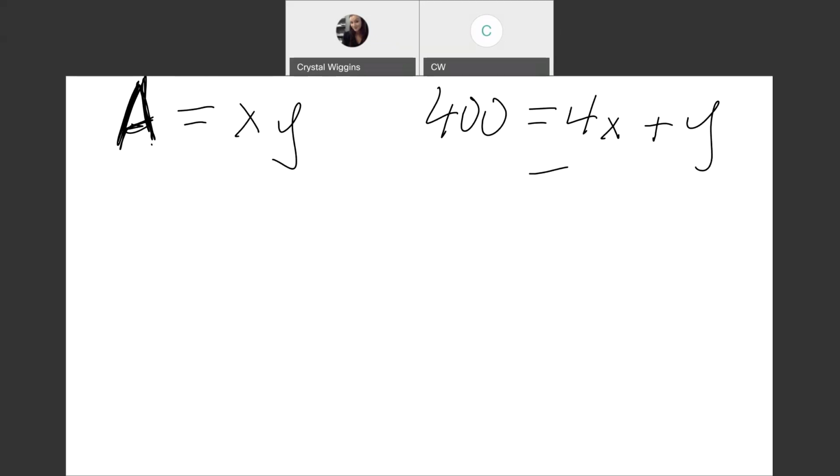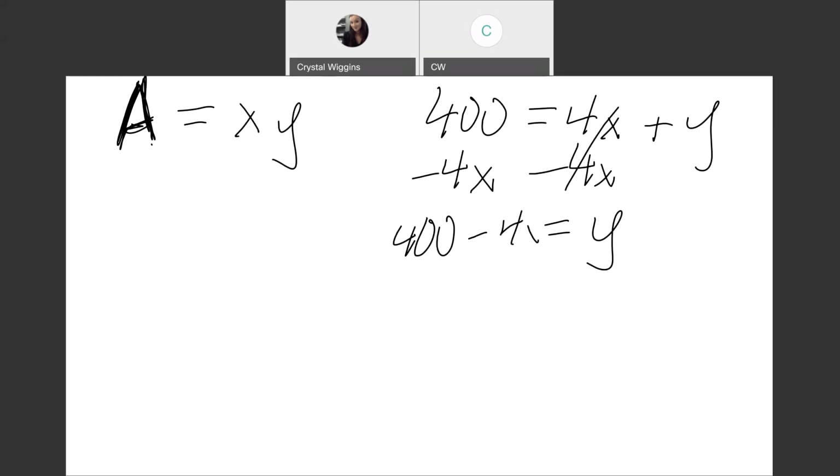So if we subtract 4x on both sides, we get y is equal to 400 minus 4x, then we can make a substitution in our area formula for y.